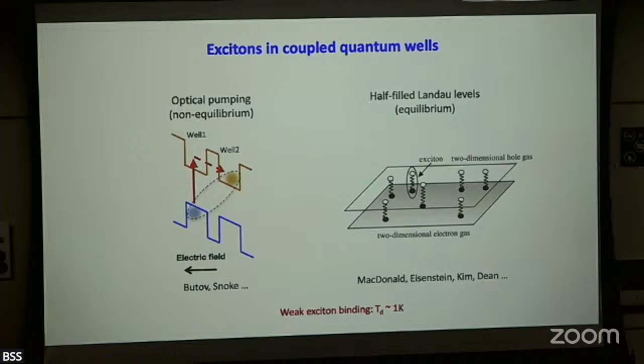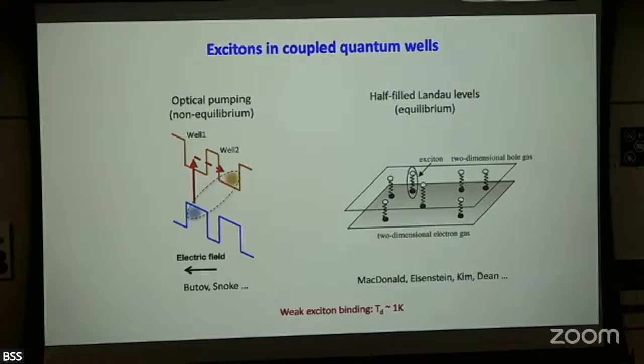Then there are a couple of platforms people studied in the past to generate excitons in coupled quantum well systems. One is a coupled quantum well where you apply an electrical field, you tilt the wells, and you optically excite electron-hole pairs. In this case, the electron will spontaneously transfer to the other well, and then you have a spatially indirect exciton.